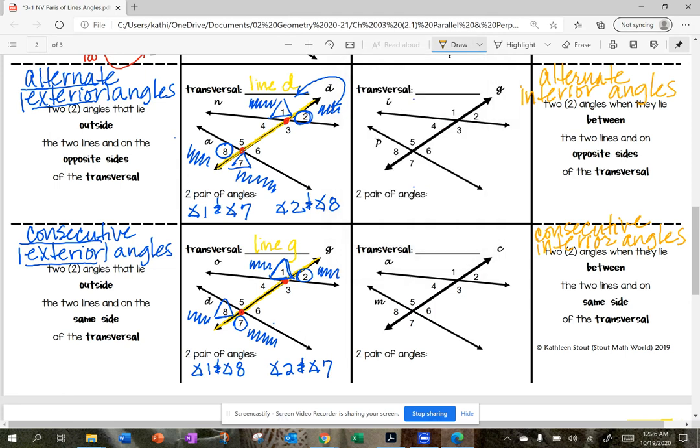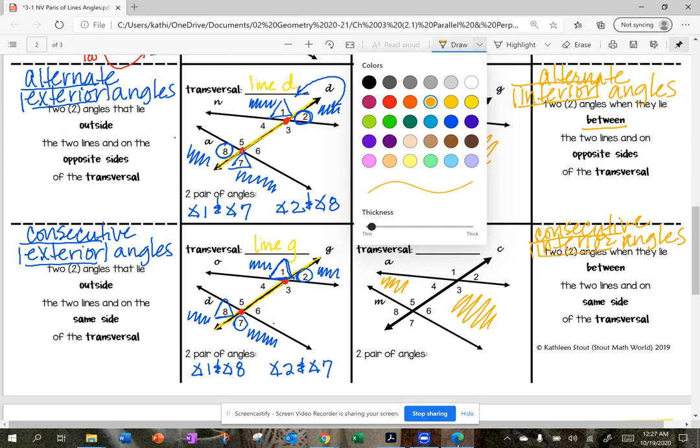All right, next we're going to talk about interior angles. Interior means I'm between my two lines, so I'm in this area. Exterior is outside, interior is inside or between.